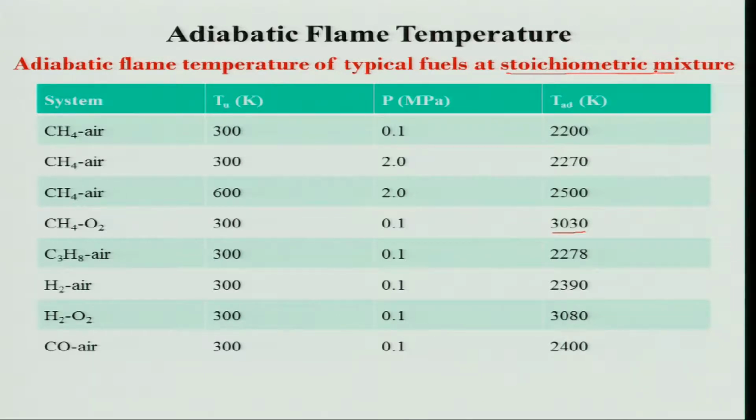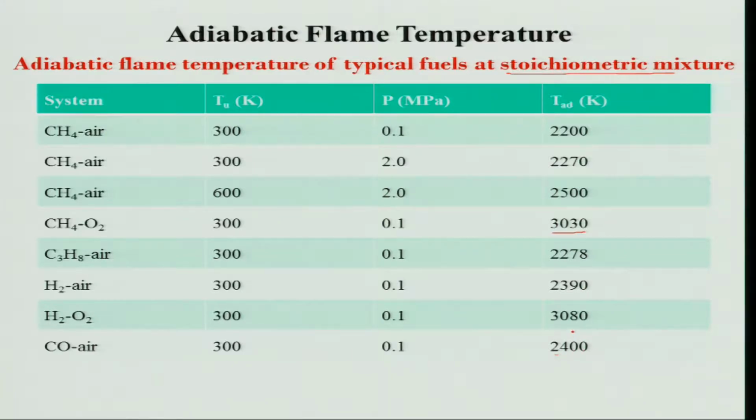You should keep in mind that roughly 2200 to 2300 Kelvin is the range for the adiabatic temperature of most hydrocarbon air flames. Hydrogen has 2390 Kelvin, hydrogen oxygen again goes to the order of 3000, and CO air has 2400.